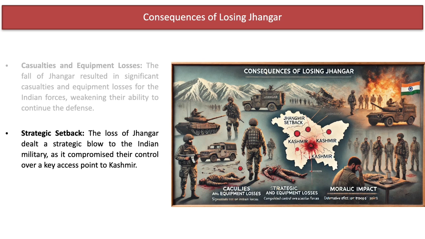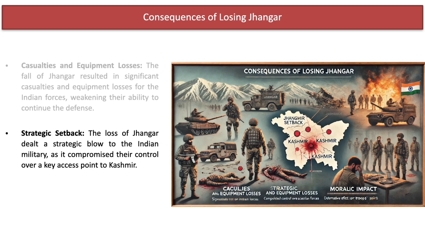When Jhangar fell, it compromised the Indian Army's ability to control these key routes. The strategic importance of Jhangar lay in its location near the Pir Panjal Range, which provided a natural barrier and a strong defensive line. Losing this position meant that Indian forces no longer had a foothold in this vital area, making it more challenging to protect the routes leading to Kashmir.